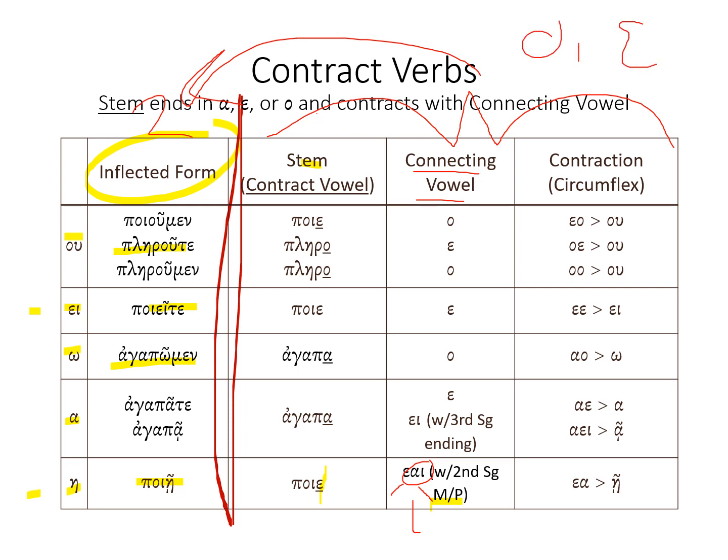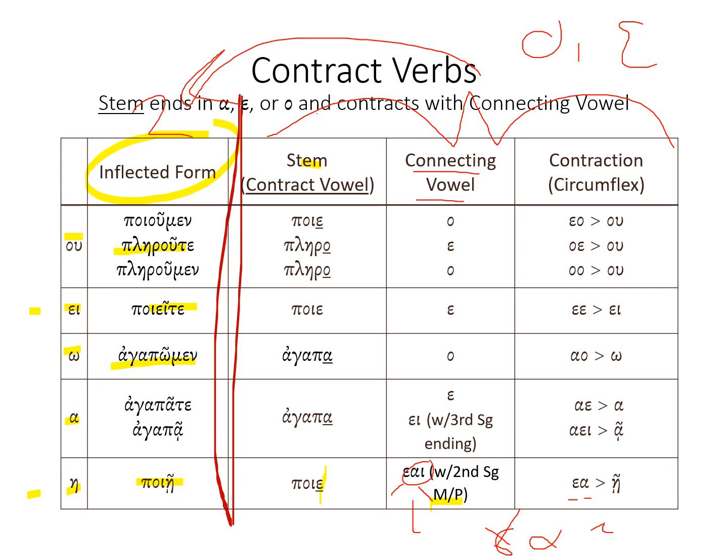Alpha is not a connecting vowel, but there is a situation where the alpha and the epsilon come into contact if that sigma drops off, because the second singular middle passive ending for primary endings is sigma alpha iota, and that sigma drops off.